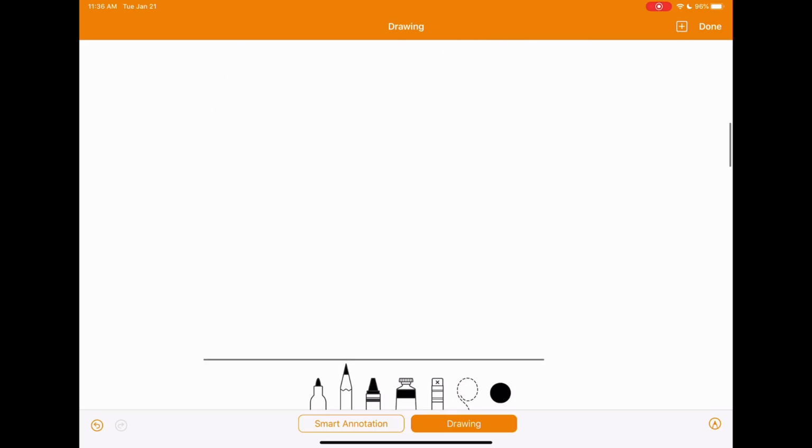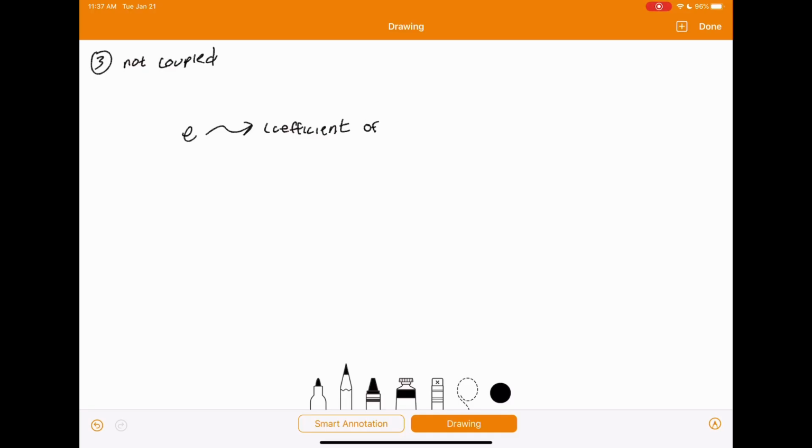All right, now if objects don't couple, they have this thing called E, your coefficient of restitution.